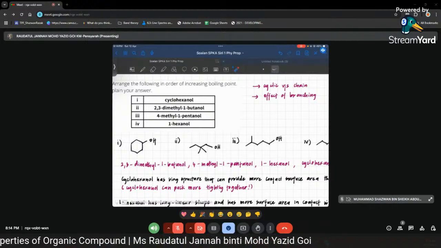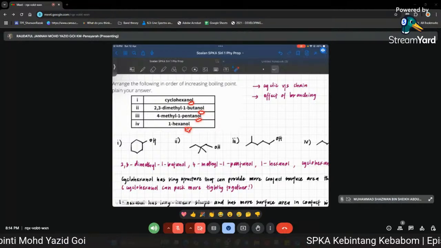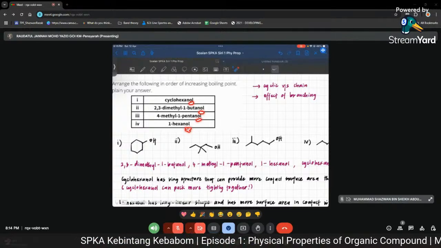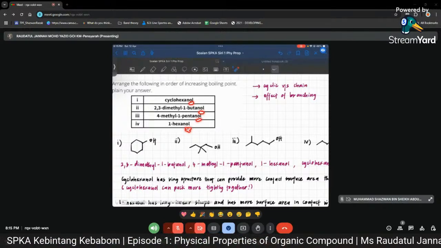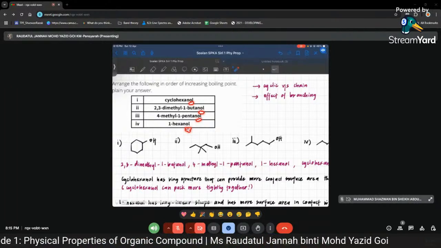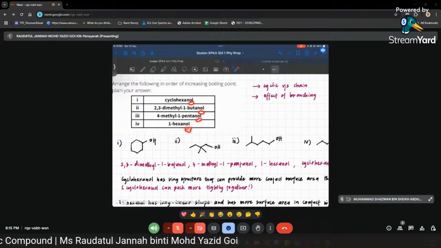Okay, so kalau you tengok nama dia je, pretty sure that you nampak all of those four compound are actually alcohol. Okay, so kalau alcohol, for sure you boleh form hydrogen bond. And kalau you check, hydrogen bond is kind of like the strongest intermolecular forces yang you boleh consider.